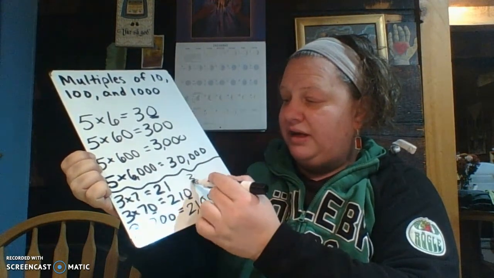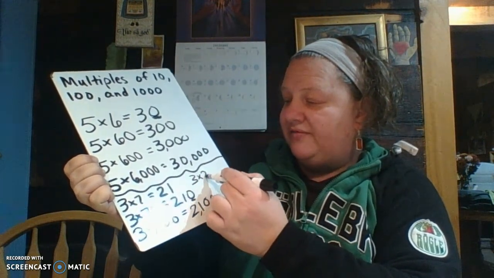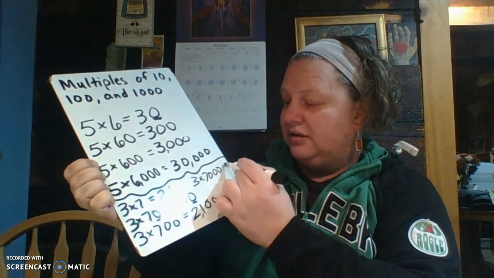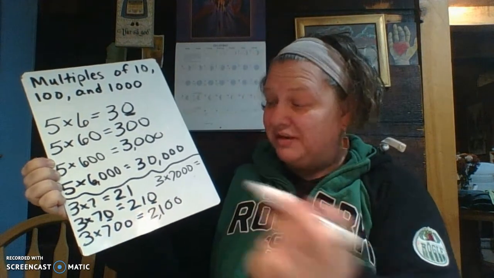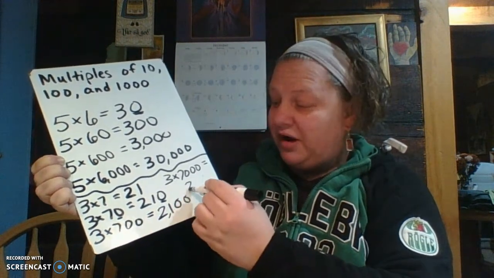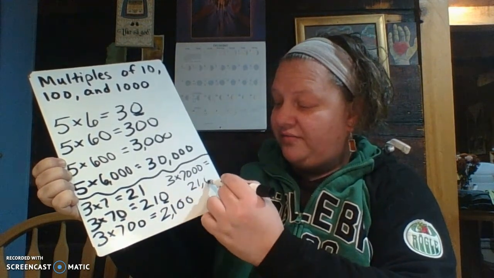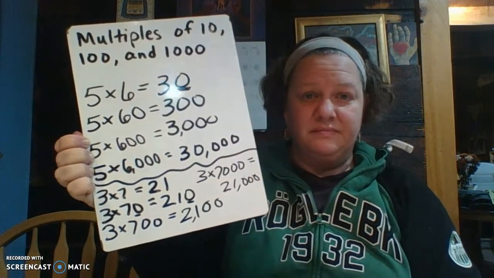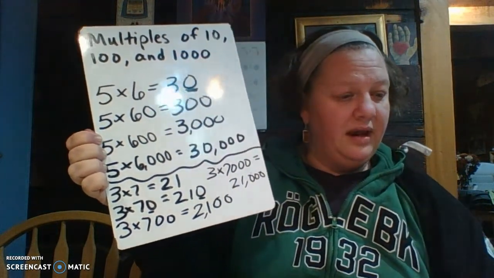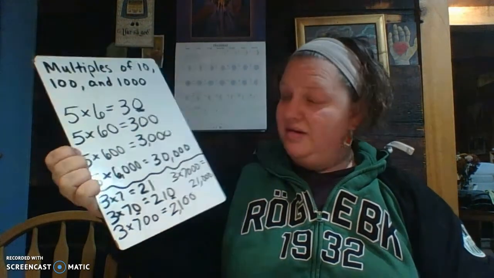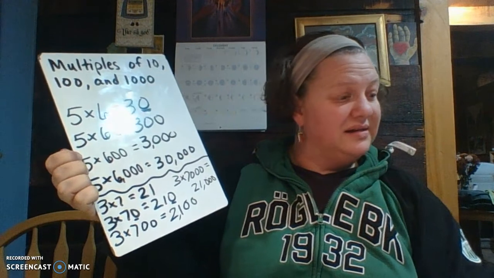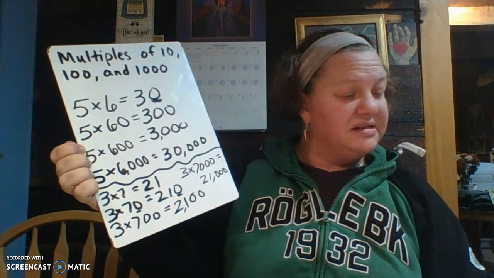If we have 3 times 7,000, we're going to have 21,000 because 3 times 7 is 21, and then we have the 1,000. Okay, so that is basically how this works, and that's all there is to it.